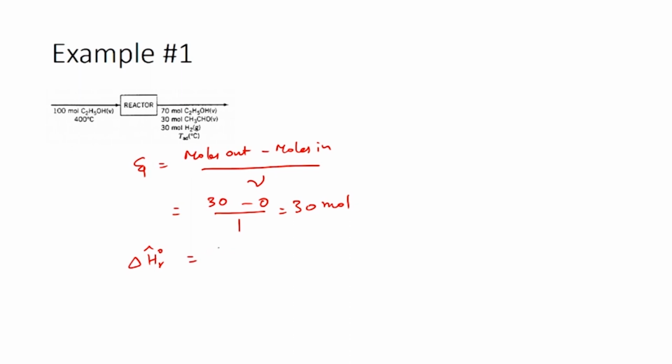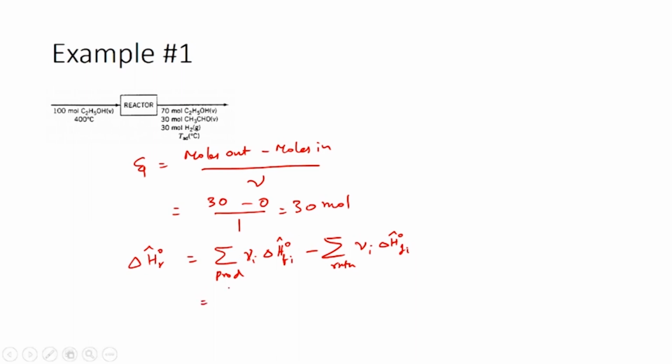You would have sigma nu i delta HF cap, the standard heat of formation for products, minus similar value for reactants. You would have stoichiometric coefficient times heat of formation for the reactants.